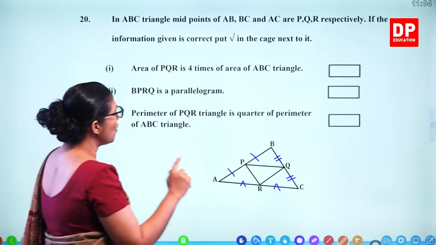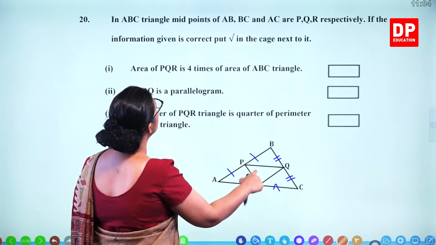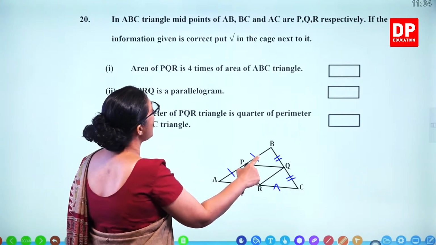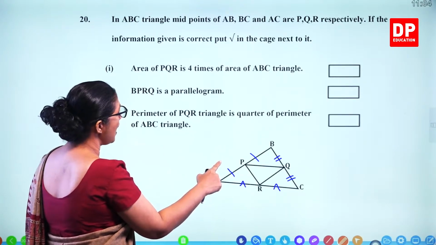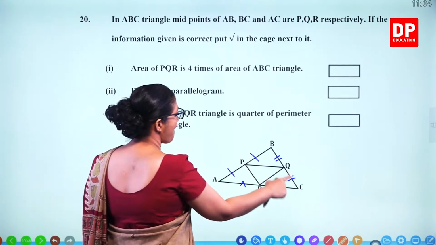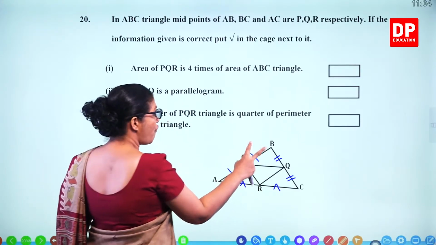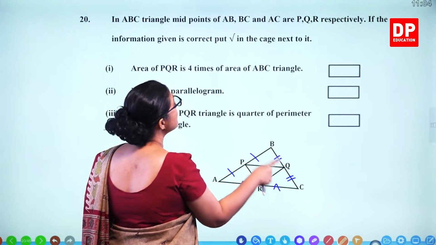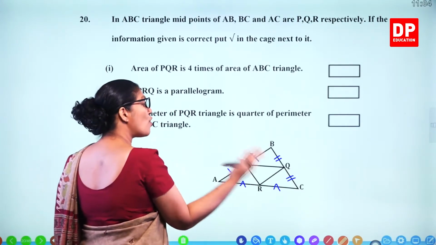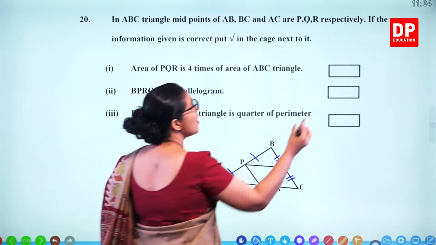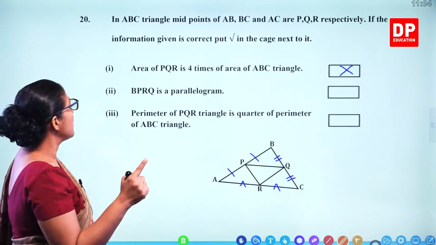Area of PQR triangle is 4 times the area of ABC triangle. So this should be the other way round. 4 of these triangles equal ABC, not area of PQR is 4 times the other. So that's wrong. 1/4, the other way round should be given.